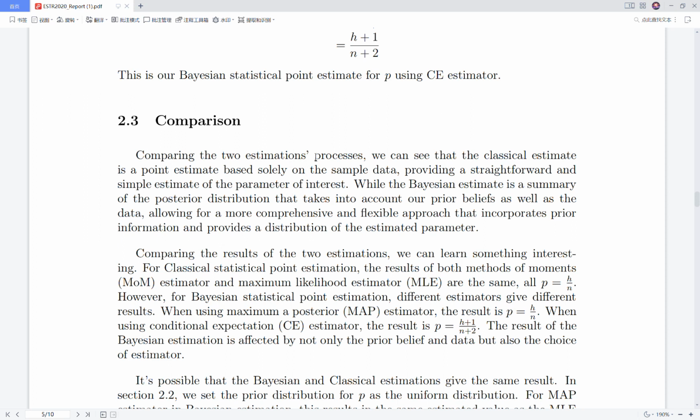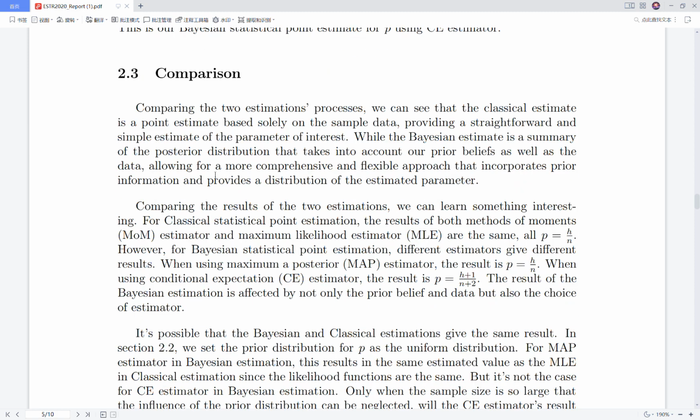Comparing the two estimation processes, we can see that the classical estimate is a point estimate based solely on the sample data, while the Bayesian estimate is a summary of the posterior distribution that takes into account our prior beliefs as well as the data. And comparing the results, we can learn something interesting. For classical estimation, we got two results, and both of them are h over n.